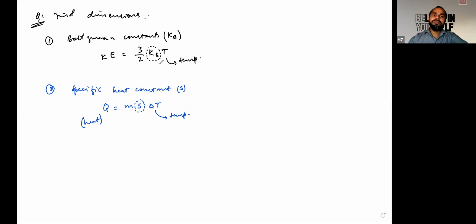The first thing is to rearrange this particular term, on the basis of which term we have to calculate, to one side and the rest of the terms to the other side. So just keep it to one side and move all the other terms to the other side. It will be like kinetic energy times 2 divided by 3 divided by T is equals to Kb.